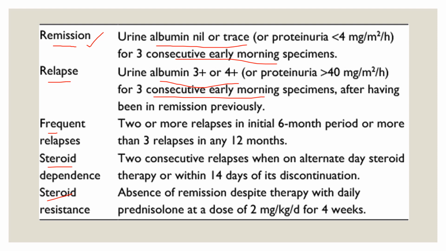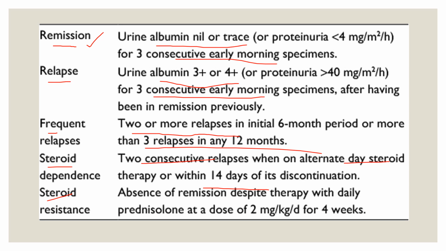Now, if the relapses are 2 or more in the initial 6-month period or more than 3 in any 12 months, it is called frequent relapse. Steroid dependence is when there are 2 consecutive relapses while on alternate day steroid therapy. So you step down the steroid into an alternate day regimen, and in that time you are having 2 consecutive relapses, or within 14 days of discontinuation of steroid you are having relapses.